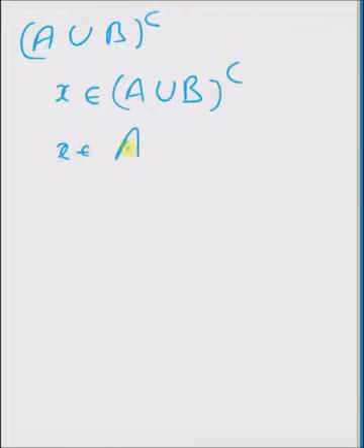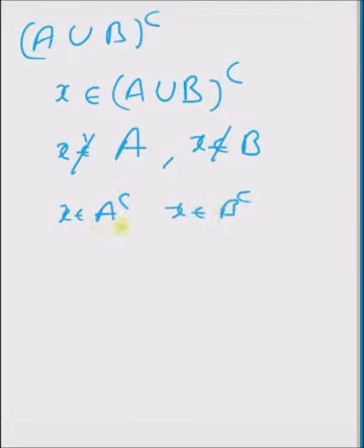Then this means that x does not belong to A and x does not belong to B, because it belongs to A union B whole complement. This actually means that x belongs to A complement and also belongs to B complement. So the first De Morgan's law is proved: A union B whole complement is equal to A complement intersection B complement.